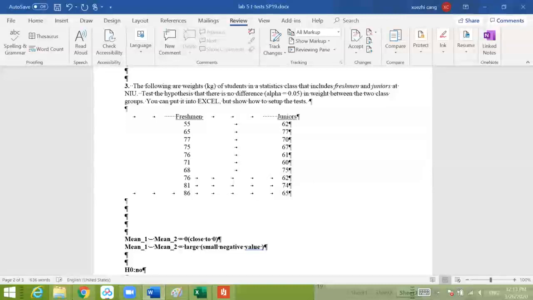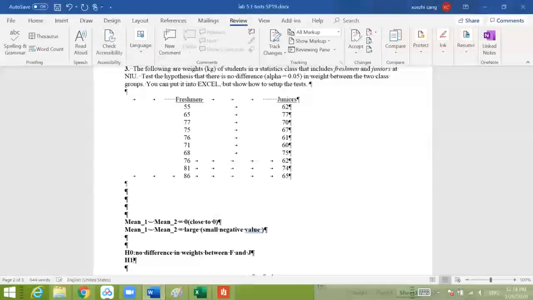no differences in weight between freshmen and juniors.